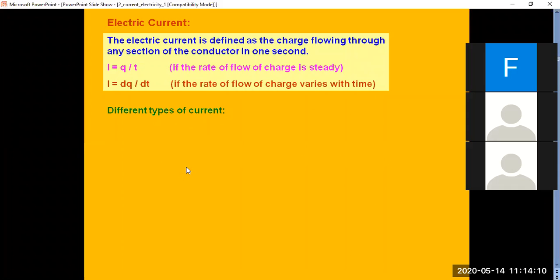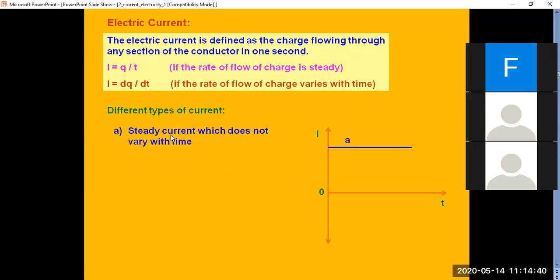Now we will see what is meant by convention current. If you plot a graph by taking I, the current, on the y-axis and T, the time, on the x-axis, you can see that you have a straight line here, denoted by the symbol A. That type of current is called steady current.